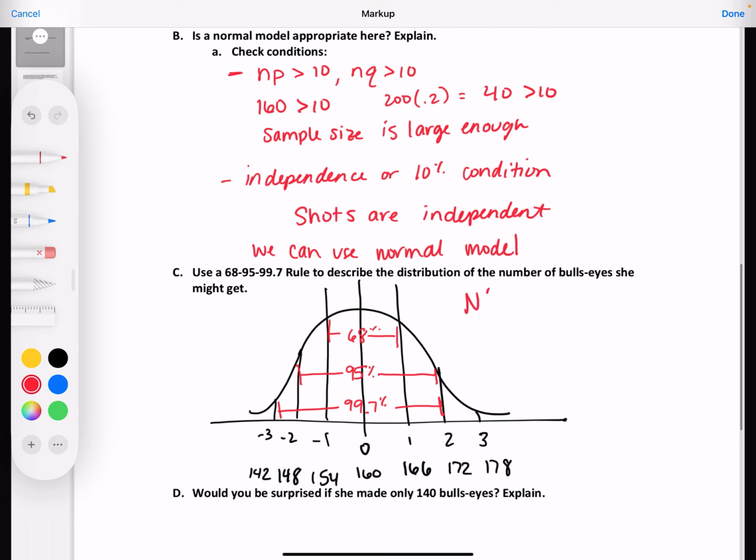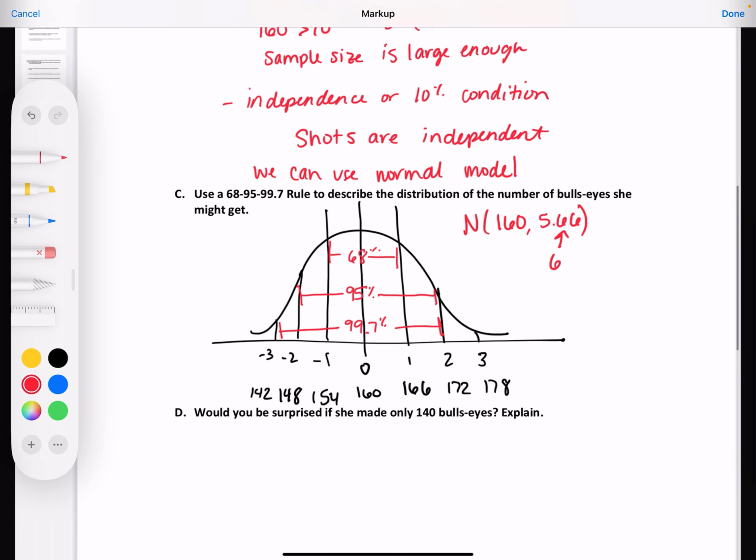So this is the normal model for 160 being the mean and 5.66 being the standard deviation, but we just treated that as 6. So if you were to see it written that way, that's all that means.